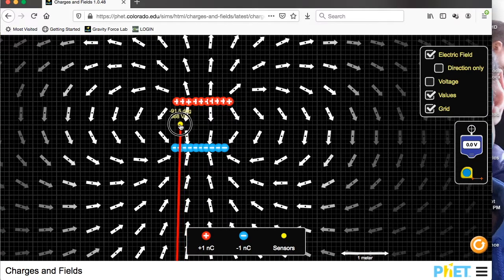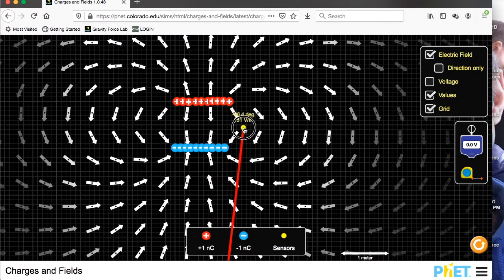But we see that in between the plates, the field is pretty much uniform in direction. It's pretty much straight up and down, especially right in the middle. And here in the middle, the field strength is fairly uniform.